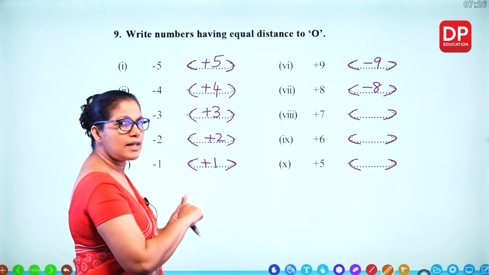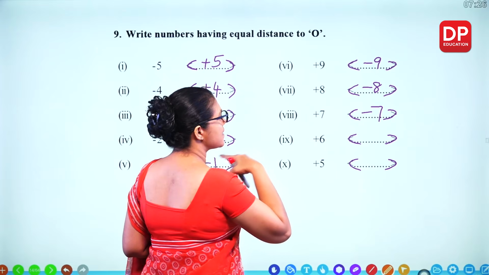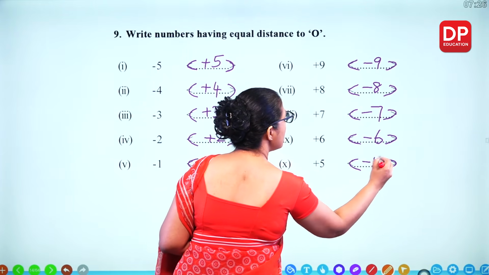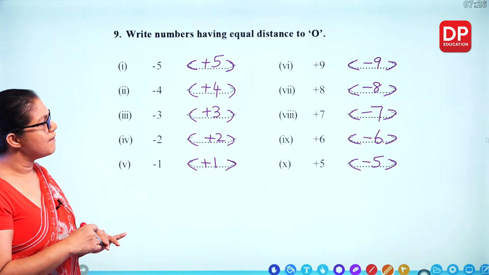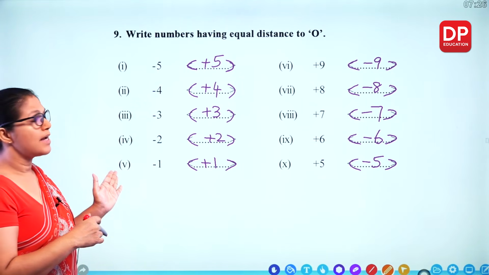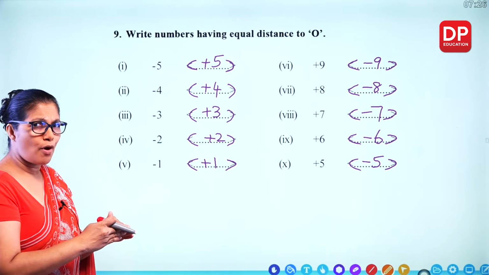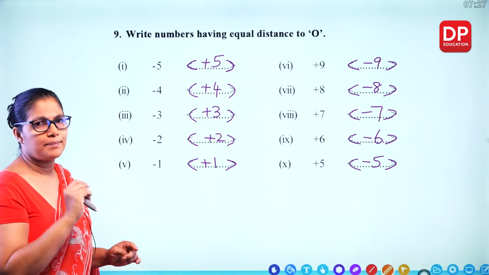Plus 7, additive inverse is minus 7. Plus 6, that's minus 6. Plus 5, that's minus 5. So these are the additive inverses of the other numbers. That means the distance from the initial point to these points are the same.